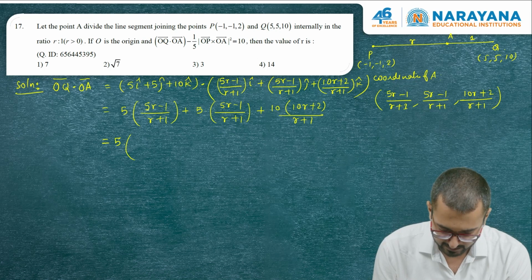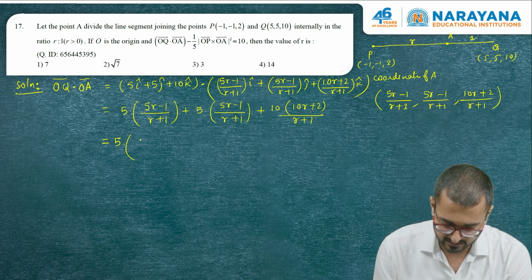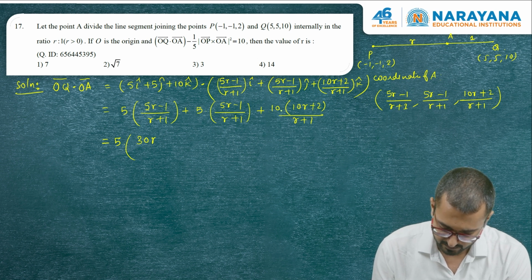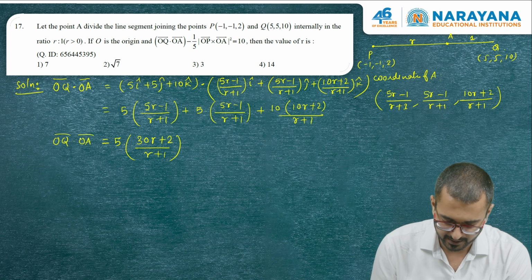If I take 5 common, I am having 5r plus 5r, 10r, and 10r times 2 is 20r, plus 5, 25, plus 5, 30r, and then here I'll be having minus 1, minus 2 and plus 2. So it will become 30r plus 2 over r plus 1. So this is my OQ dot OA.